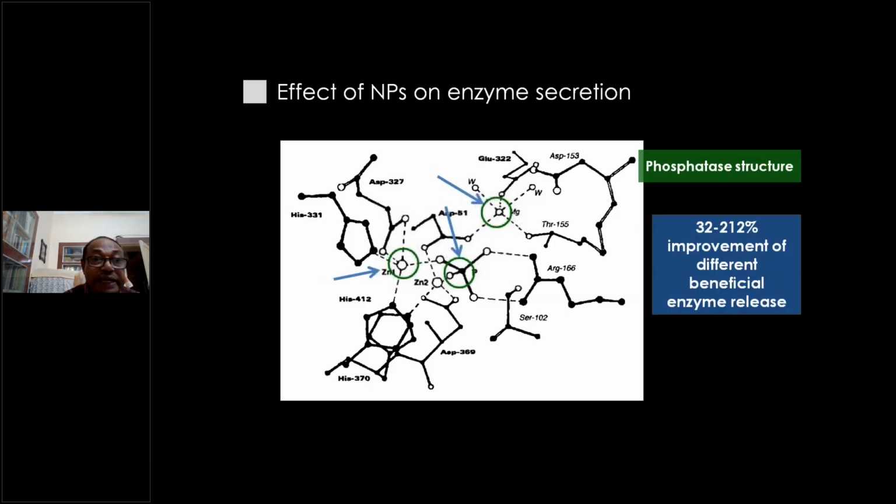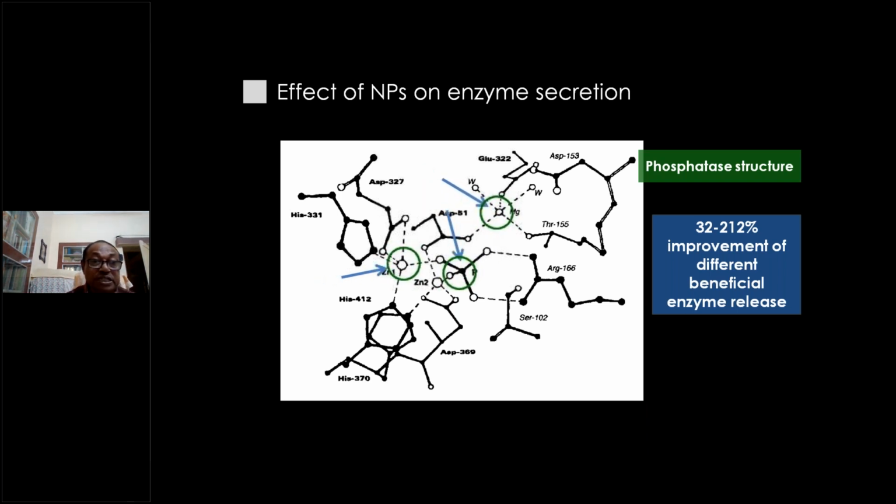Now how are they triggering the enzymes? This is the structure of phosphatase. If you look at the coenzyme system: magnesium, phosphorus, and zinc. So if you apply any of the nanoparticles to the plant system, you will get more phosphatase released by the plants, so more phosphorus mobilization by the plant.